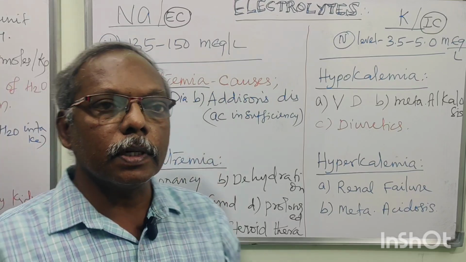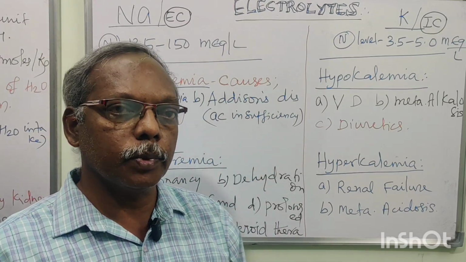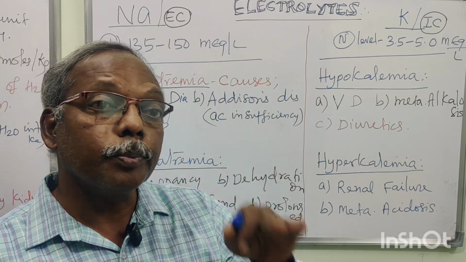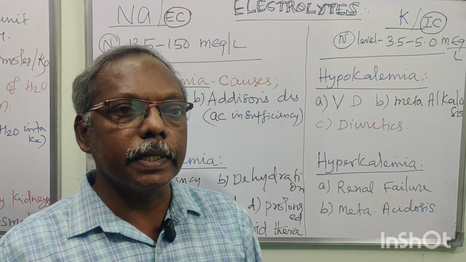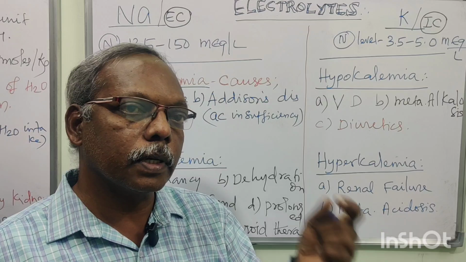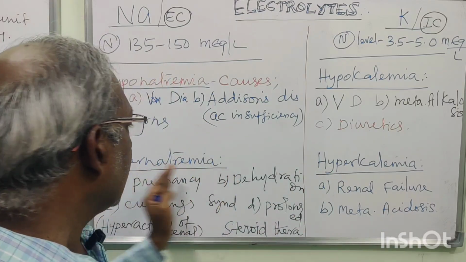Second one is important, adrenal disease. That is insufficiency of adrenocorticoid produces Addison's disease. These patients also have hyponatremia. Sodium will be less. Next one is burns condition. All the fluid will get lost. So the burns patient always goes for hyponatremia. These are all the causes.